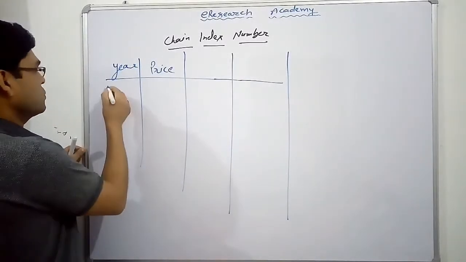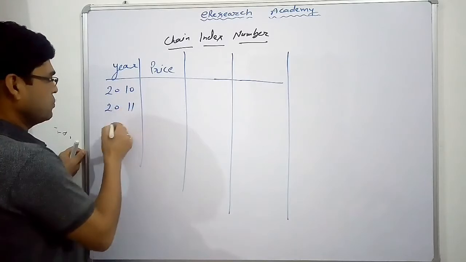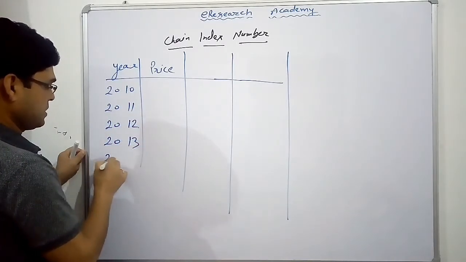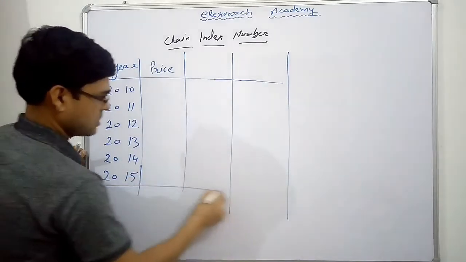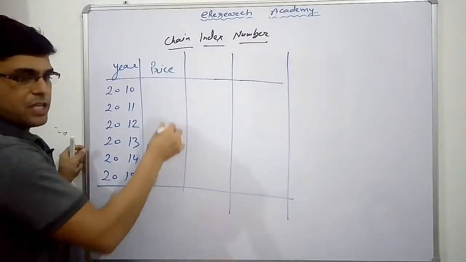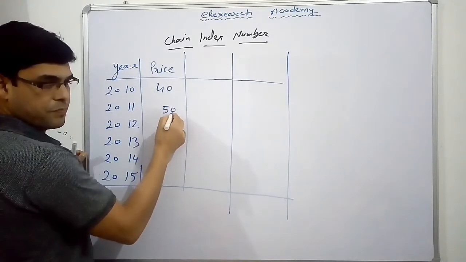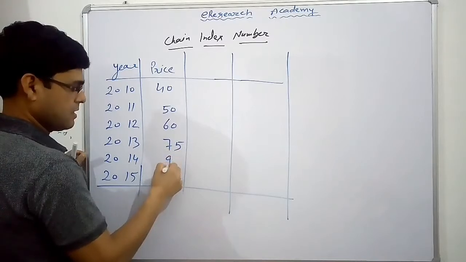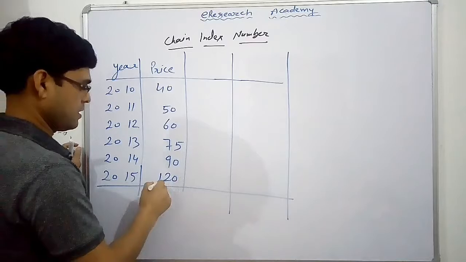So here it is from 2010 to 2015, and the prices we have are 40, 50, 60, 75, 90 and 120.